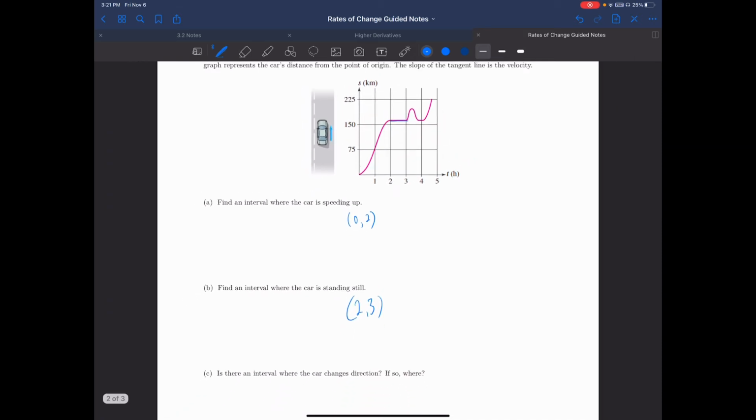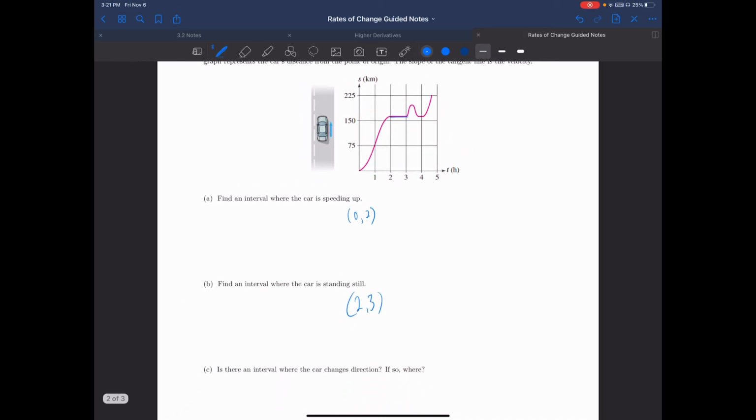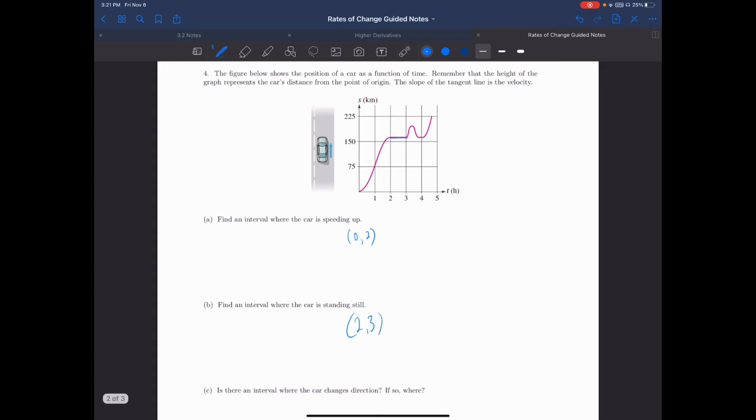Okay, still using that picture, is there an interval where the car changes direction? Remember that negative velocity is a change of direction, so it's going the opposite direction. In this graph, we do have one little section where it changes direction. You can see that the slopes were positive here, 0 here, positive here, and you have another peak.